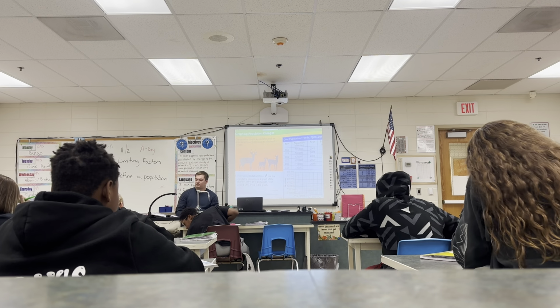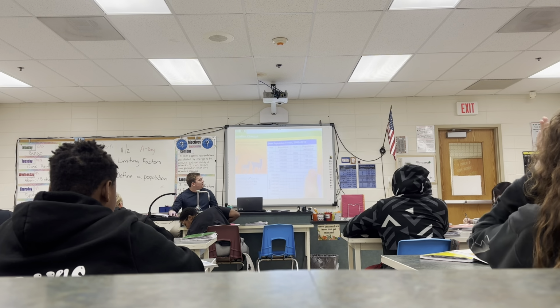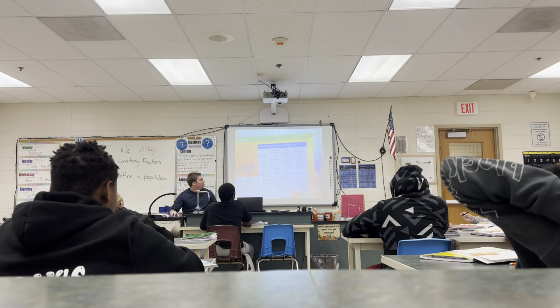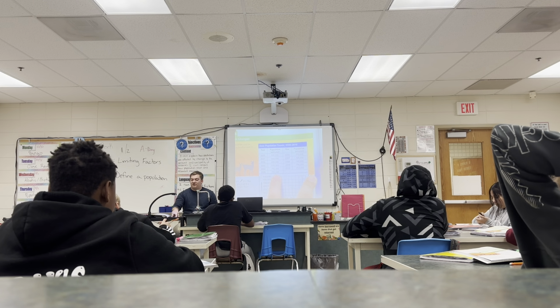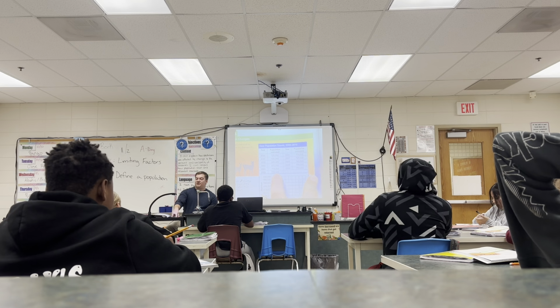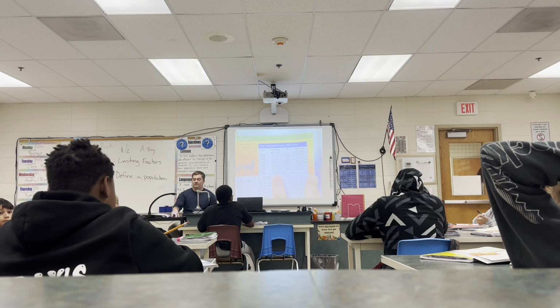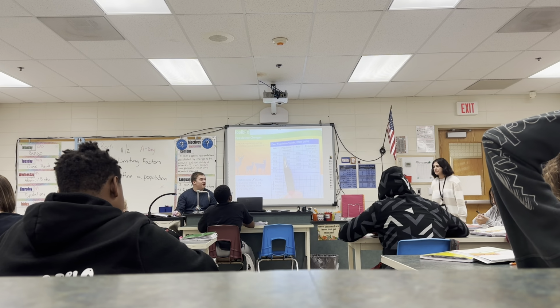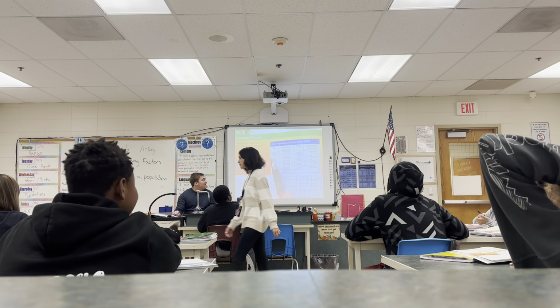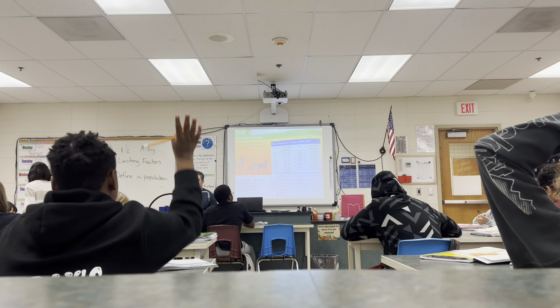So, we look at our table up here with all of our numbers. This first column here is the year. The second one is the population number, the population size. So if we're going to graph this, how would we graph this first number, this population size in the year 2000? Yeah.